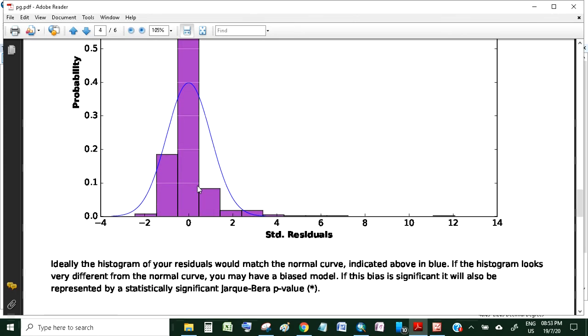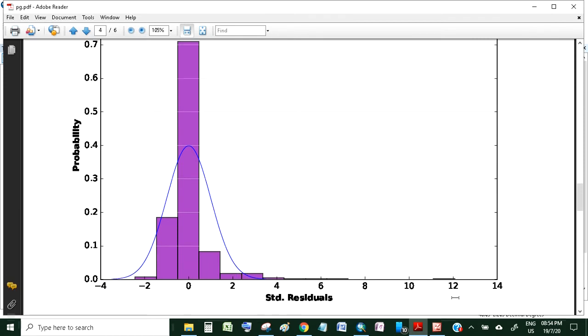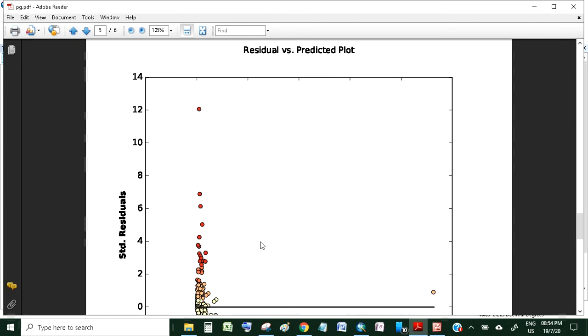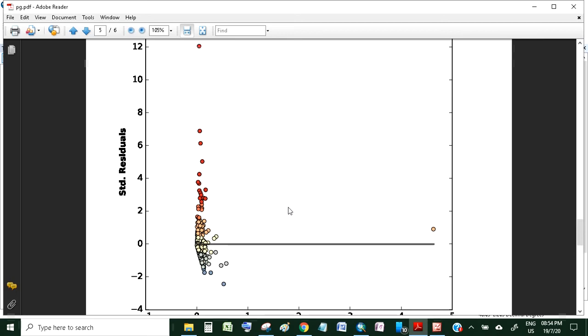This is the histogram of your standard residual. Here you can see that on the right hand side your tail is longer. I think these 12 points may belong to some areas. So it shows the residual versus predicted plots.